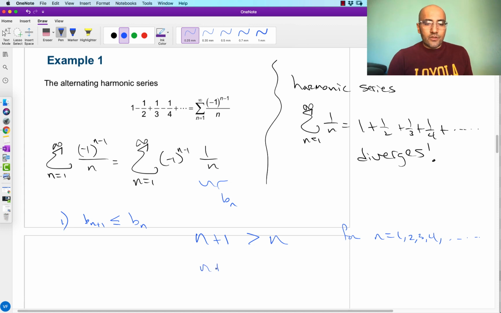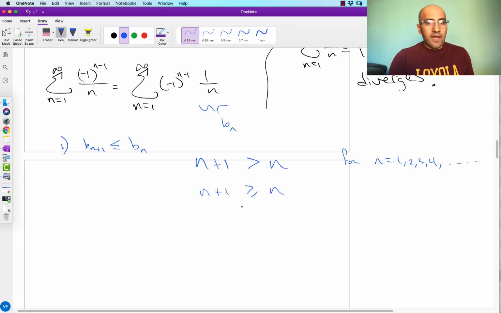Well, then I guess we can just throw in that n plus 1 is greater than or equal to n. That's just for free, right? Because that's always true. And so now when we flip it underneath a fraction, since they're always positive, keep that in mind, then 1 over n plus 1 has got to be less than or equal to 1 over n. And so the first one has been satisfied. Good. That's one way to do it.